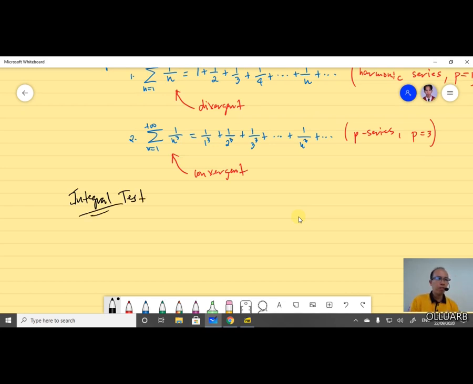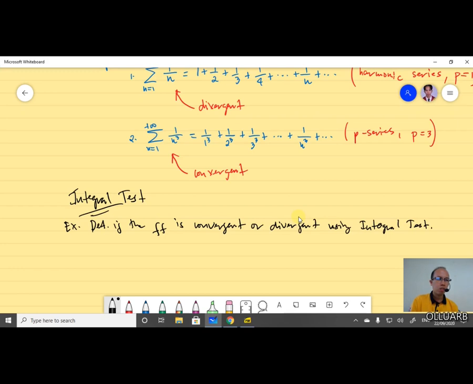Okay, so let's have here an example. Number one, determine if the following is convergent or divergent using the integral test.